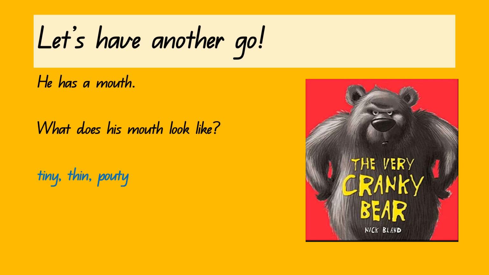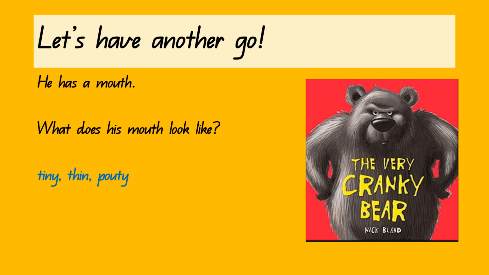I thought of words like tiny, thin, and pouty. Remember back to when we read The Pout-Pout Fish and he had a pout-pout face? Well, that reminds me of the Very Cranky Bear's mouth. It's turned down and his bottom lip is sticking out.